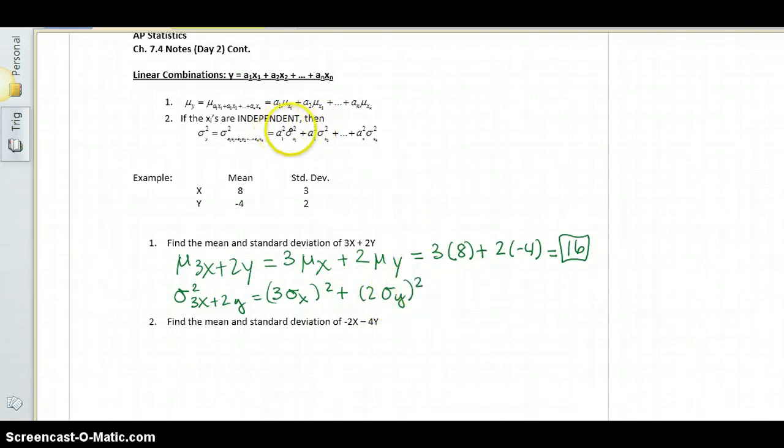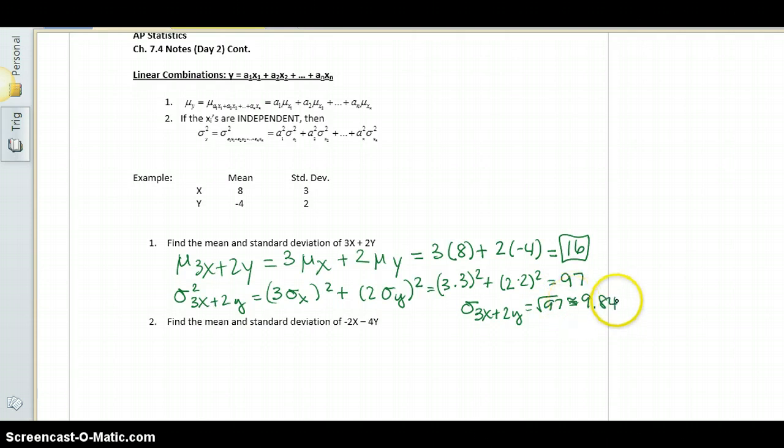Up here I have them separated, but you can put them in parentheses and square them both. So that would be 3 times the standard deviation of x, which was 3, squared, plus 2 times the standard deviation of y, which is also 2, squared. So you have 9 squared plus 4 squared, which is 97. And then the standard deviation is going to be the square root of that result, which is approximately 9.849.